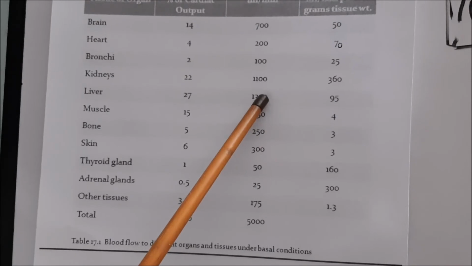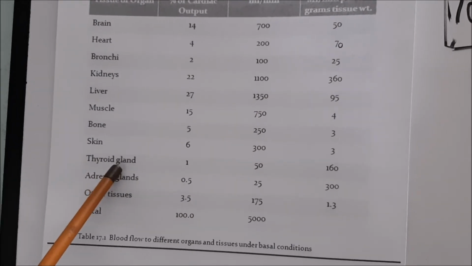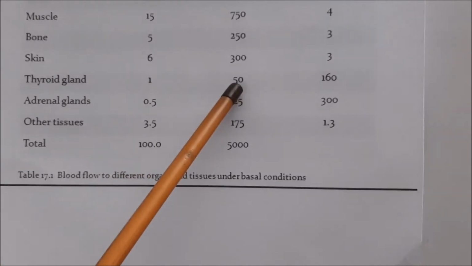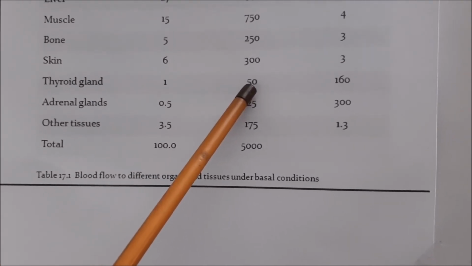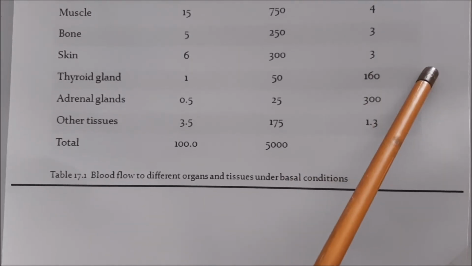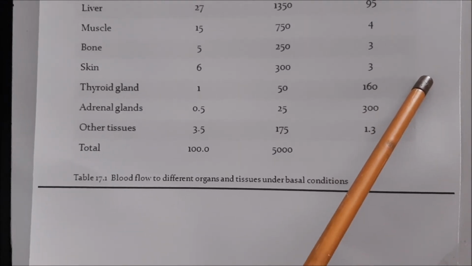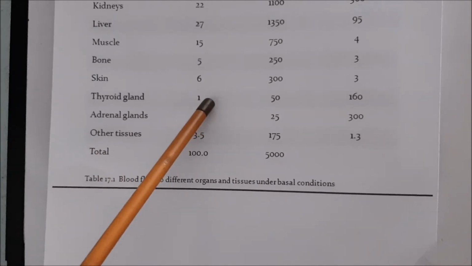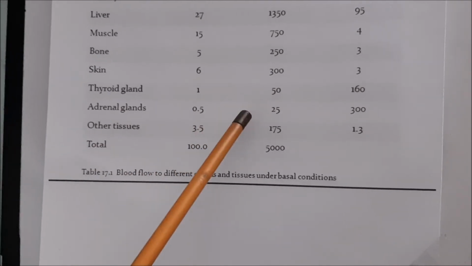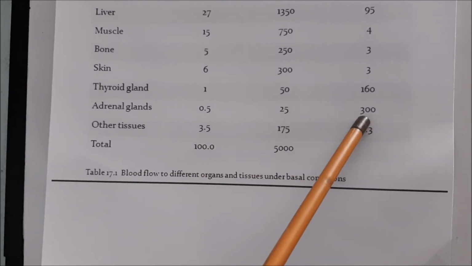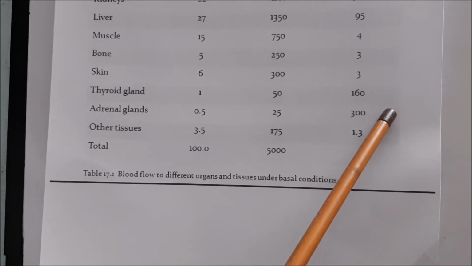Now the thyroid gland: 1% of cardiac output, total blood flow 50 ml per minute, and 160 ml per 100 gram of tissue. Again, the adrenal gland: blood flow is 0.5%, total 25 ml, about 300 ml per 100 gram of tissue.